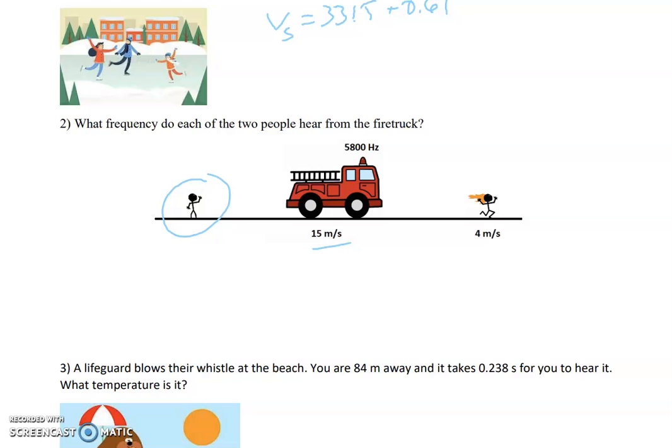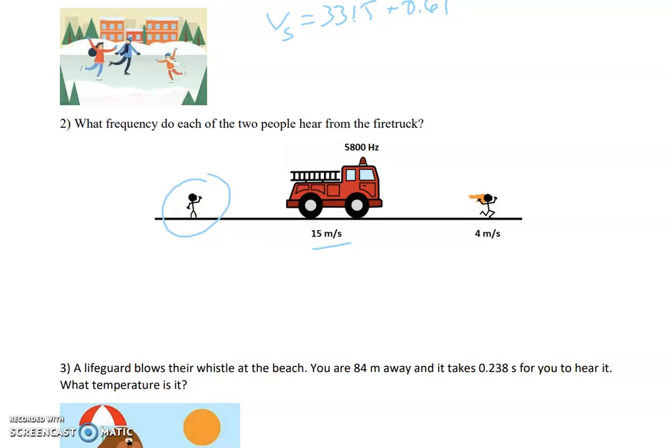But on the other hand, on the right-hand side, the truck is going 15, the guy on fire is going 4. He's running away from the truck, but still the truck is faster, so they're actually getting closer together. Since they are getting closer together, I'd want to add the fraction inside the brackets, not subtract. So I'm going to add for the guy who's on fire. And for the V value, I want to use the relative speed between the two.